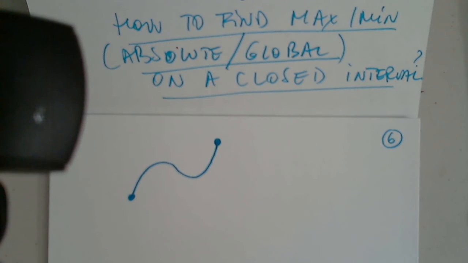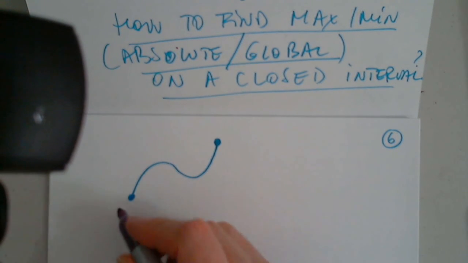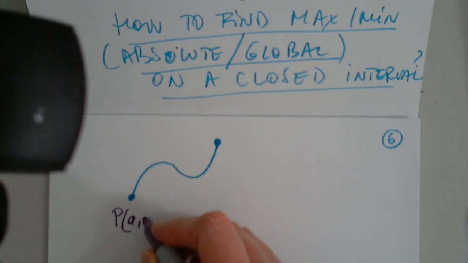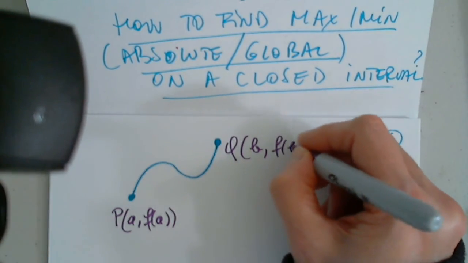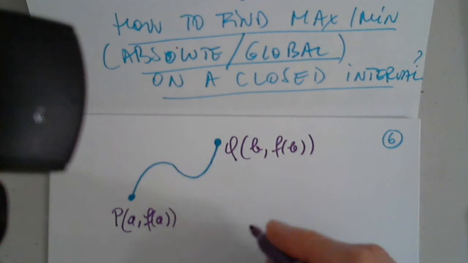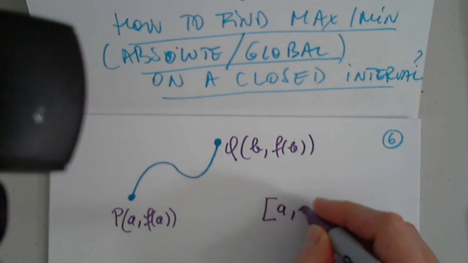This function doesn't go on forever. This is a typical situation for a closed interval. So let's say this is a, f of a, and this is b, f of b. So this function is on a closed interval a, comma, b.